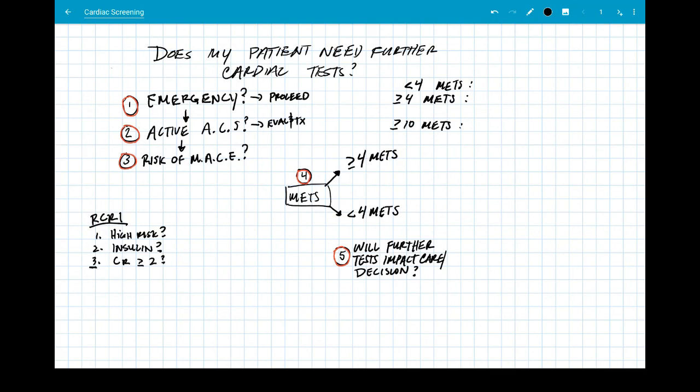The next 3 have to do with the patient's history. Does the patient have a history of a cerebral vascular accident? Does the patient have a history of ischemic heart disease? And number 6, does the patient have a history of congestive heart failure?